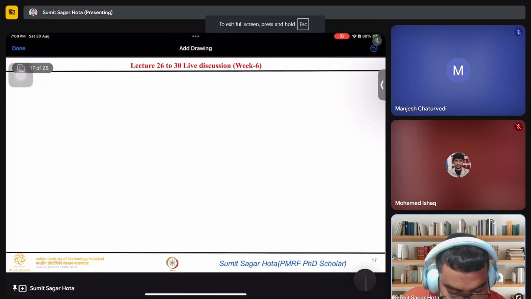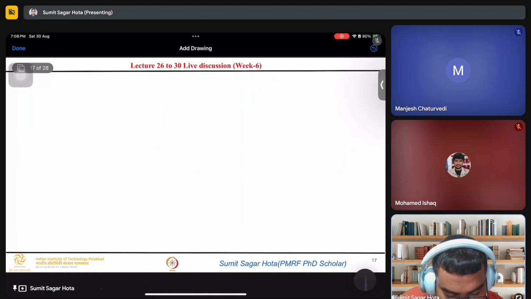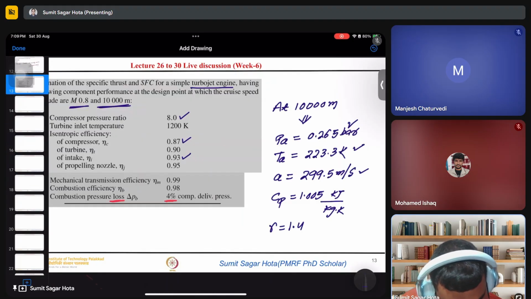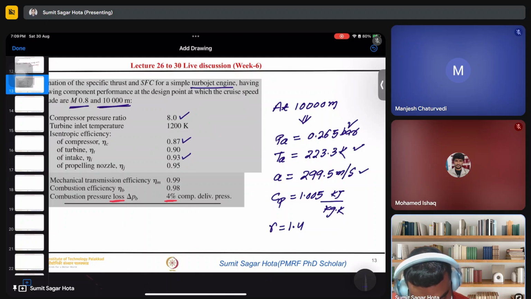Now what do we need to find out? One more efficiency is given, the mechanical transmission efficiency. We need to understand the role of this efficiency.